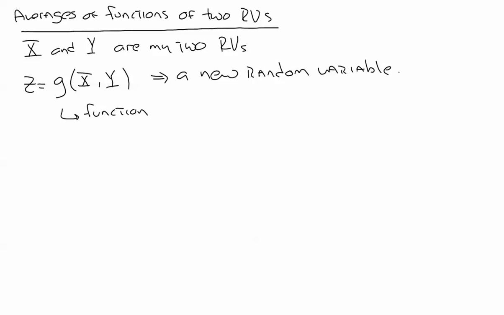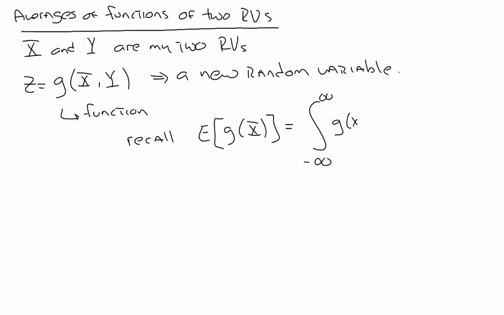So recall this from a long time ago. Recall that the expected value of a function of a single random variable equaled the integral over all possible values of g of x times the probability density function for x. All right? By extension, we have the following.